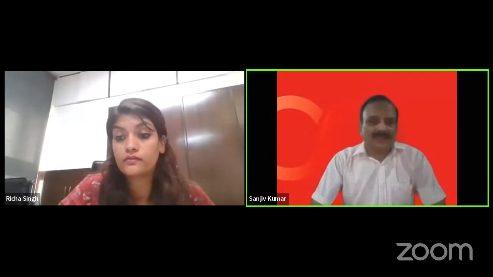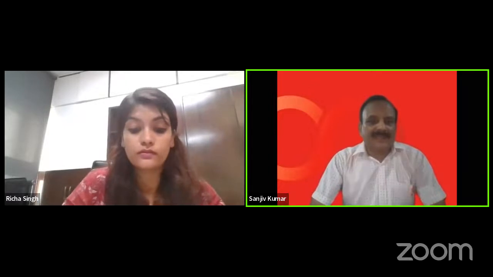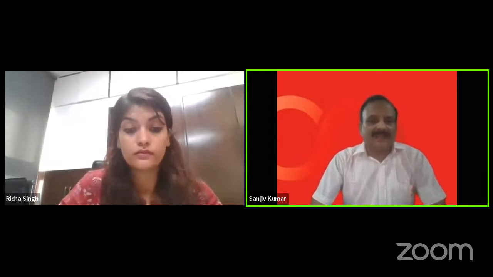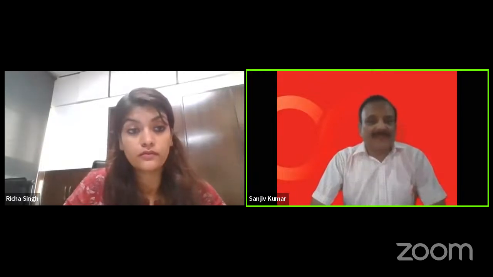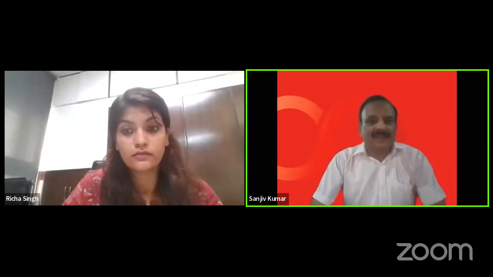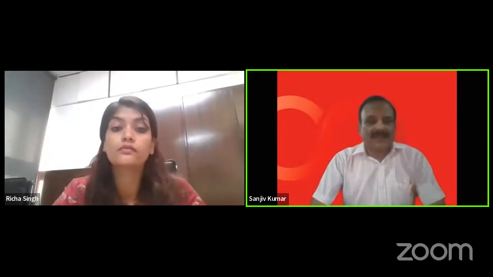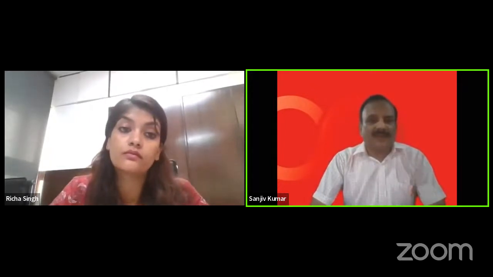If you convert that into the total data, India generates roughly 55 million tons per year of municipal solid waste. If 55 million tons per year is converted to per day, it comes to roughly 15 lakh metric ton of MSW generated per day. If 15 lakh metric ton, out of which 2% or 1.8% if you take, it is 32,000 metric ton per day. 32,000 per day of domestic hazardous waste being generated in India.